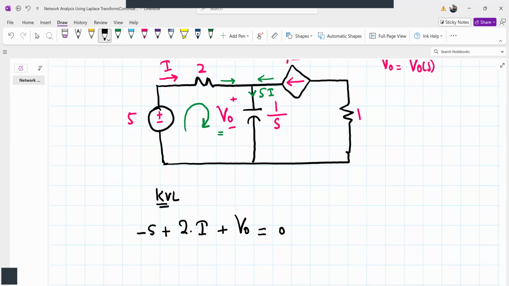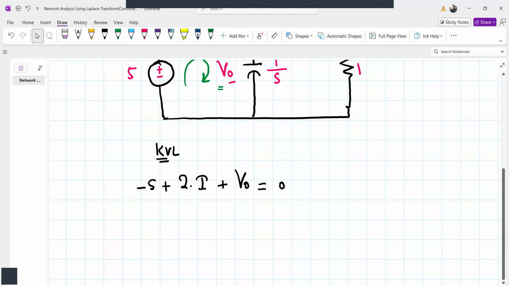That's equal to 0. We simplify this by taking these two terms to the right hand side. So V0 is simply 5 minus 2I. This is our first equation.